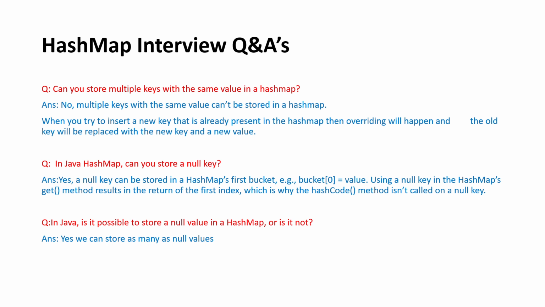Yes, a null key can be stored in the HashMap's first bucket, bucket 0. Using a null key in the HashMap's get method returns the value at the first index, which is why the hashCode method isn't called on a null key. So this is an important one. Next, in Java, is it possible to store a null value in a HashMap? Yes, we can store as many null values as we want.